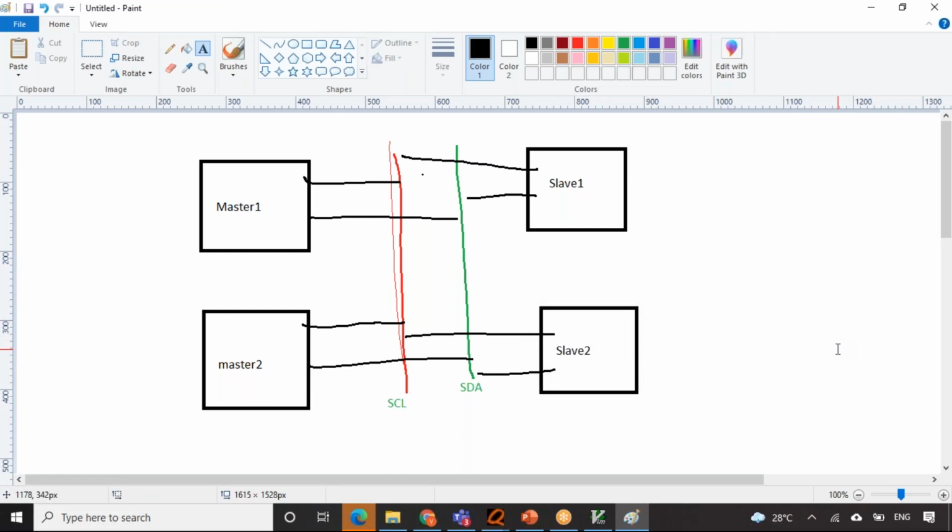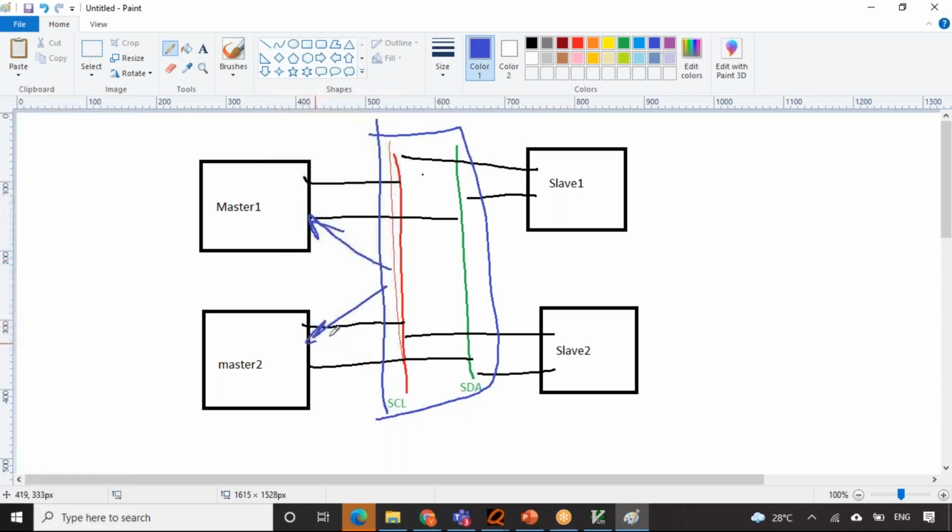What is the advantage of this? Just using 2 wires, you can connect multiple masters, not just 2 masters. You can connect 5 masters to 5 slaves. There is a mechanism by which these 2 lines will be taken control of by either master 1 or master 2.